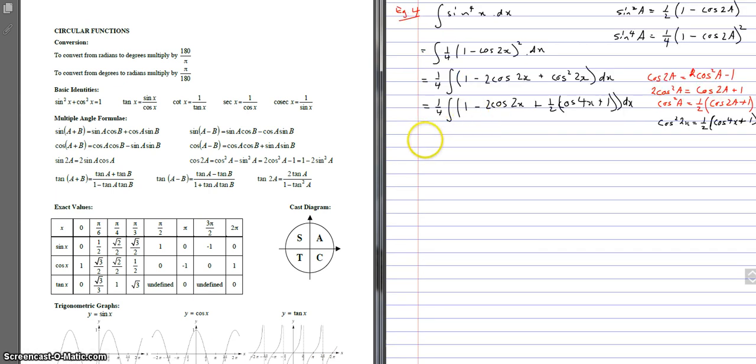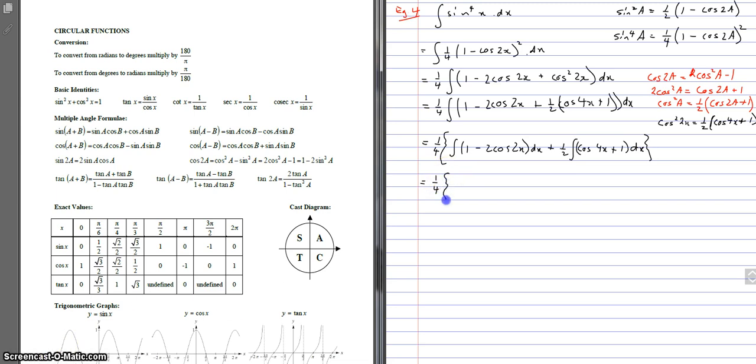Now just watch me closely as I go through these. We'll put the 1/4 out the front, and we'll just split this integral into 2 parts, and we can go from there.